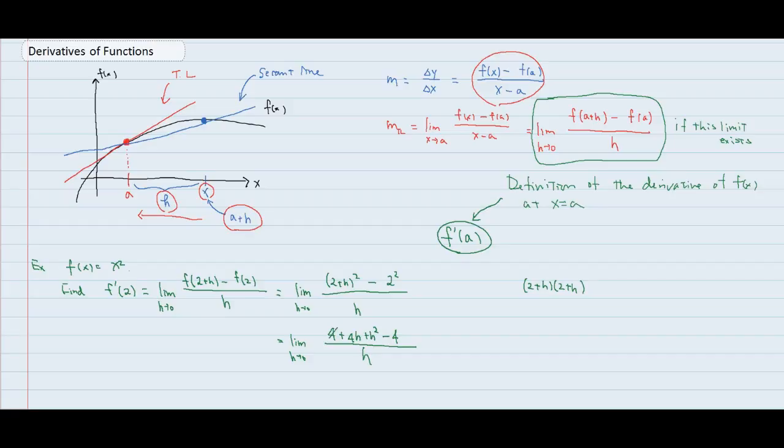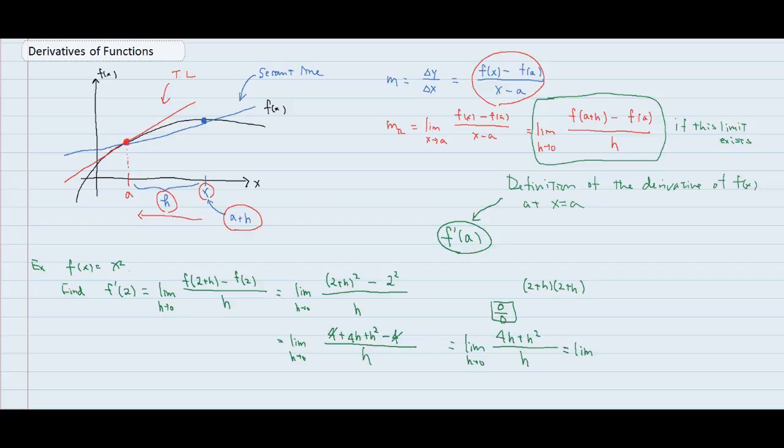Now you can definitely see that the 4 minus 4 will cancel each other out, and you get limit as h goes to 0 of 4h plus h squared all over h. Now if you check the form of this, you realize that this is 0 over 0 form. This will turn out to be the case for all derivative computations, because you're trying to get one point closer to another point, it is always going to end up with 0 over 0, but you know how to handle this.